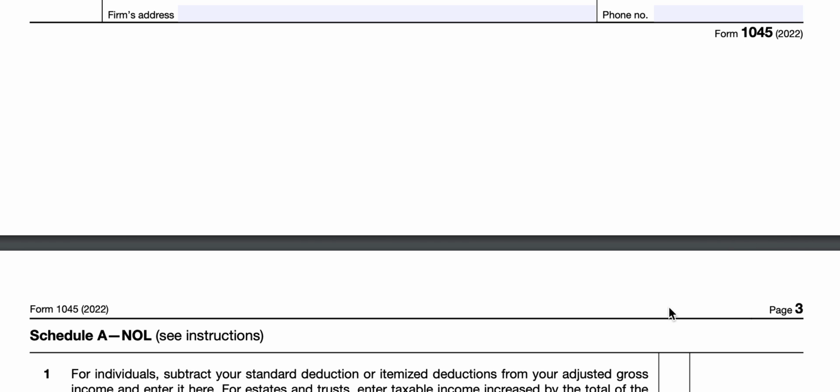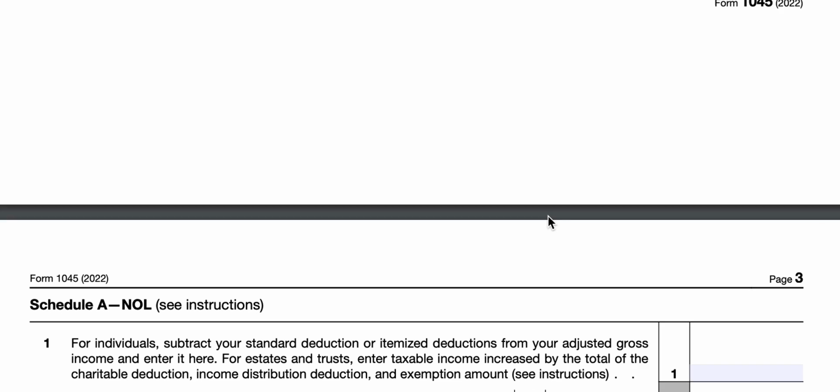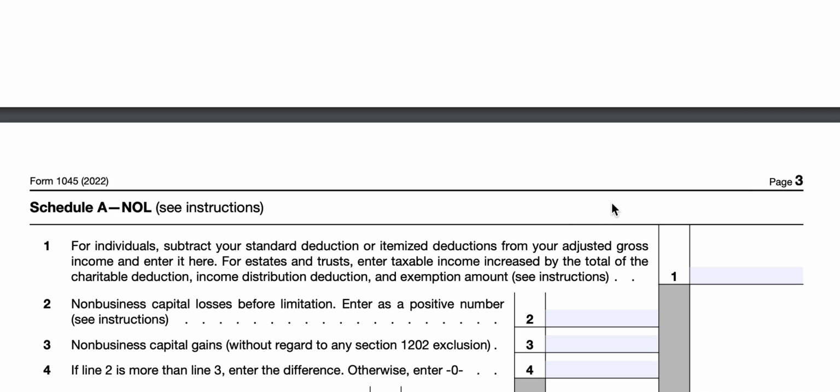So you'll need to use the Schedule A NOL to determine the amount of a net operating loss that is available for carryback or carry forward. So for line 1, you'll start with, for individuals, subtracting your standard or itemized deductions from your total gross income and entering it here.